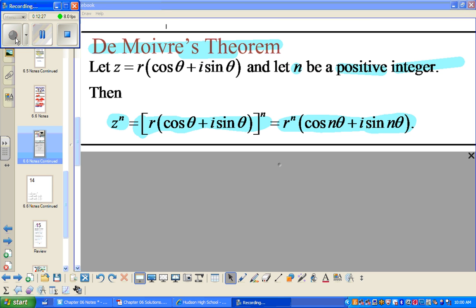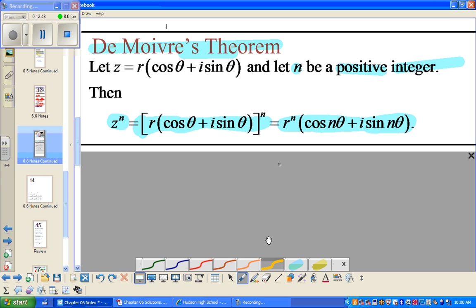And the last thing you're going to need to know for section 6 is de Moivre's theorem. Basically, what de Moivre's theorem is used for is to take a complex number to a power. What you can do, it's quite simple. If you're going to take a complex number to a power, here's the deal.